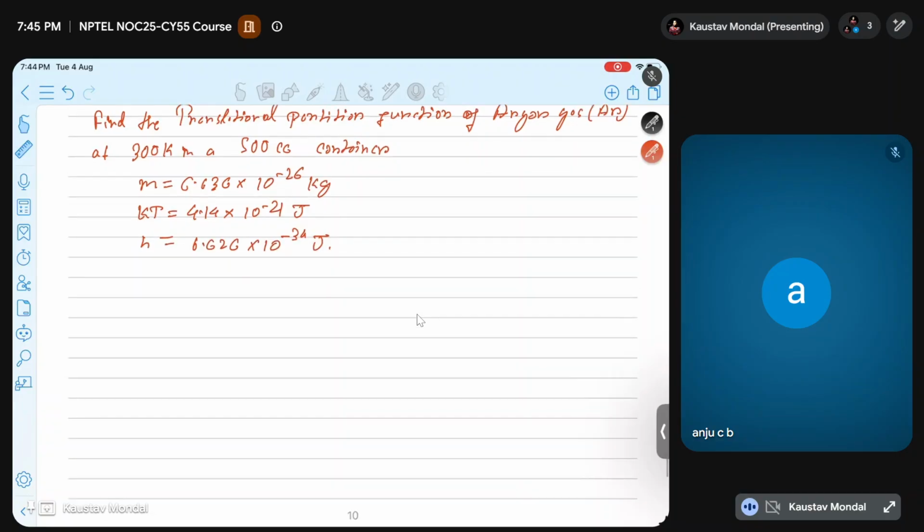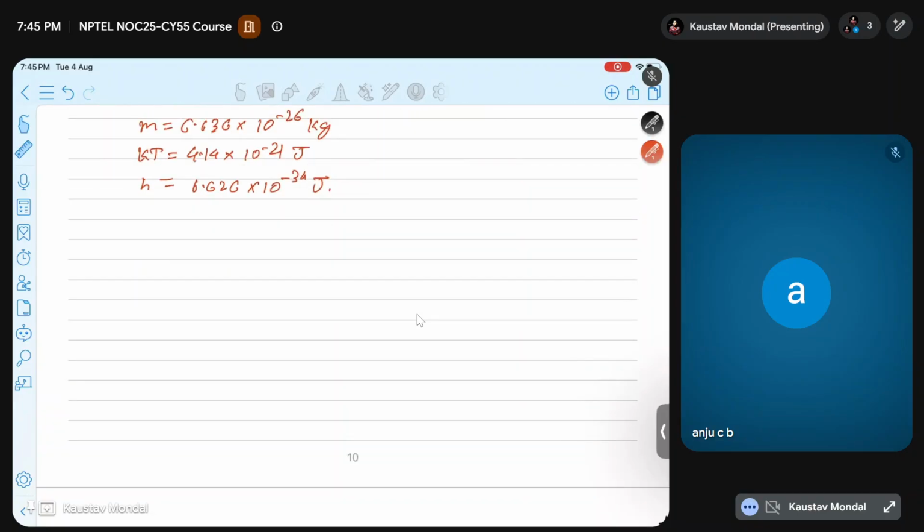So in a similar way, the mass is given, V is given. The first thing we need to calculate is lambda.